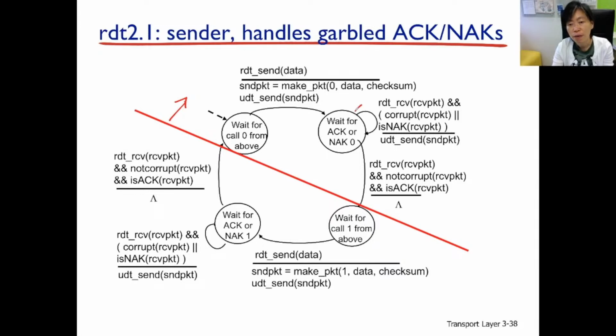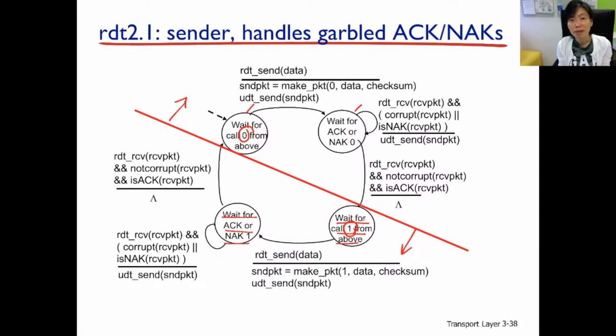And wait for ACK or NACK looks like the waiting for feedback state in the RDT 2.0 sender. If you go down further, this other half is actually very similar: wait for call from above, and then wait for ACK or NACK. The only difference is this: wait for call for packet 0 from above versus wait for call for packet 1 from above.